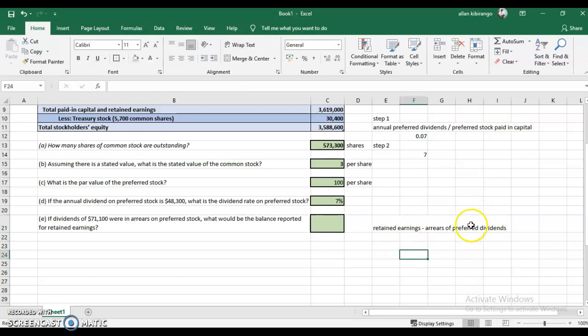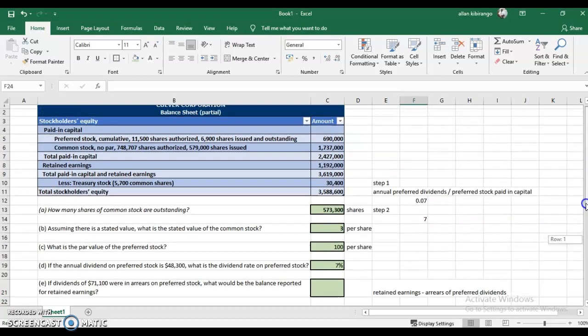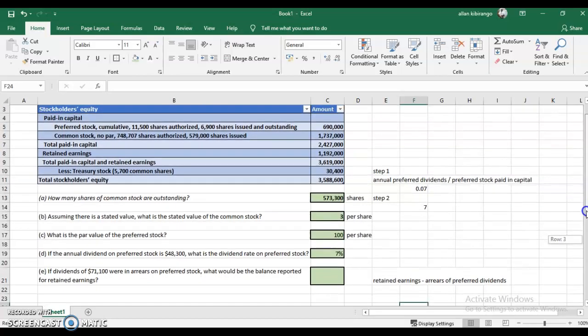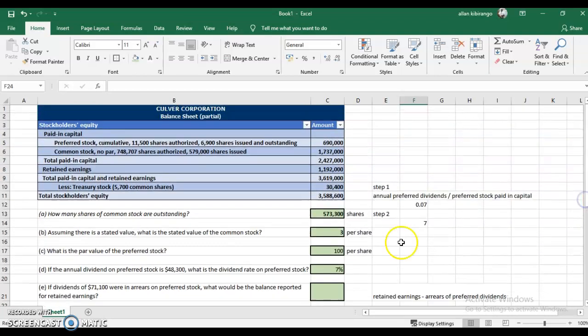So that should be the formula if dividends have been declared. But according to my knowledge here, the dividends have not been declared, and in that case the retained earnings balance would not be affected. They remain the same since dividends have not been declared in this question.